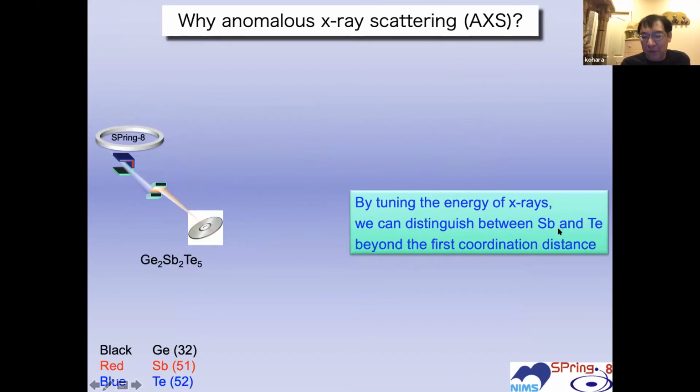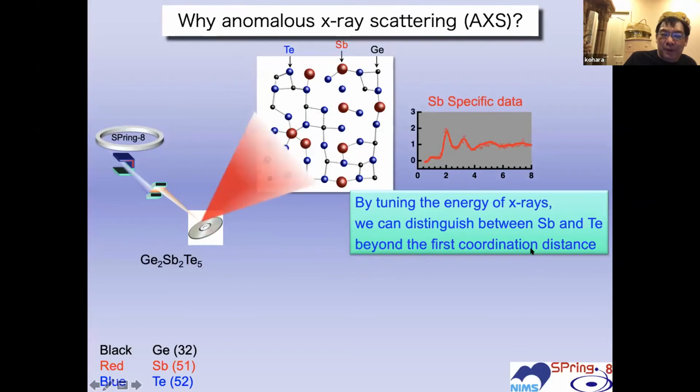Only at the first coordination distance can we perform exact measurement, but we need information beyond the first coordination distance because the first coordination is very different between amorphous and crystalline phase, and we need similarity between both phases beyond the first coordination distance. That's the reason why we performed anomalous X-ray scattering.